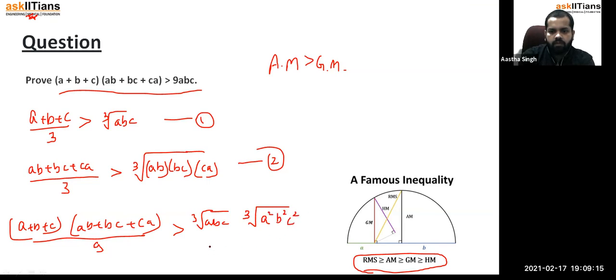So it is basically ABC to the power 1 by 3, and here ABC to the power 2 by 3. 1 by 3 and 2 by 3 will become ABC, and we cross multiply by 9, then we'll get the desired result.